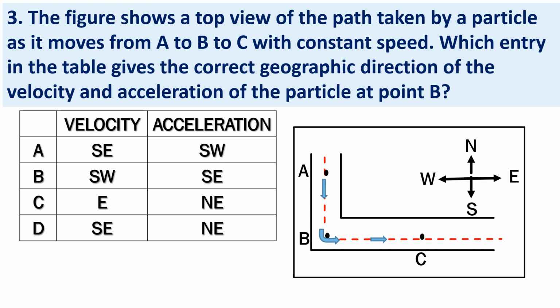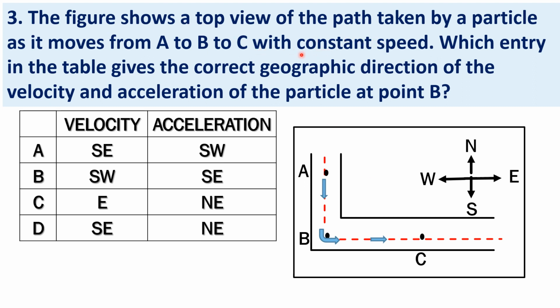All right, in this question number 3, as shown in the figure, we have the top view of the path taken by a particle as it moves from point A to point B, and then to point C with constant speed.